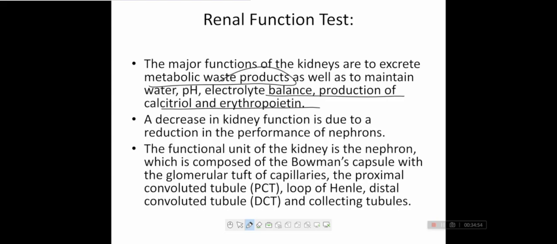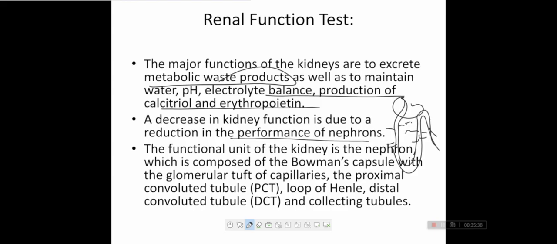A decrease in kidney function is due to a reduction in the performance of the nephron. Already you know this is the glomerulus. How will the electrolyte balance take place, and how are water and all these maintained in balance, right?